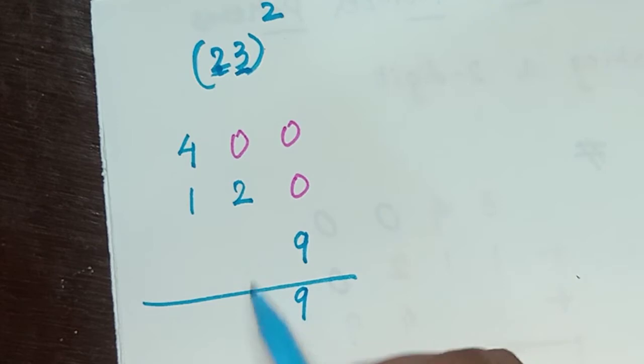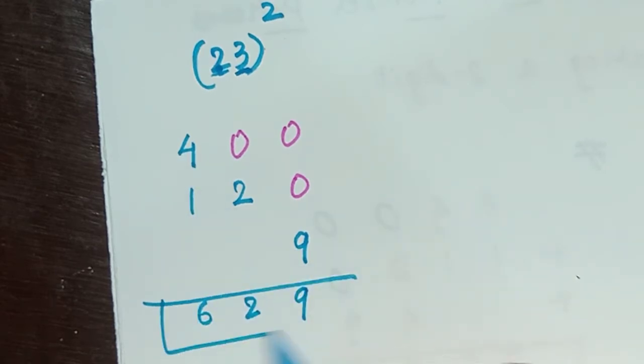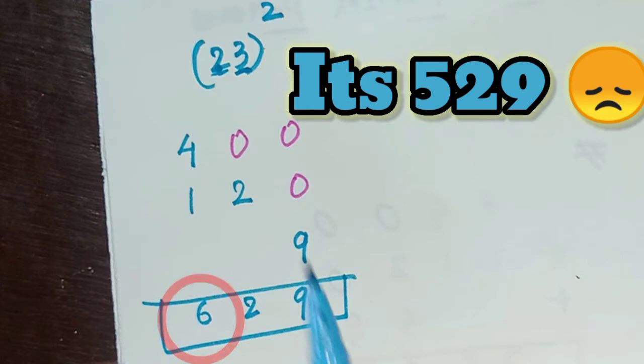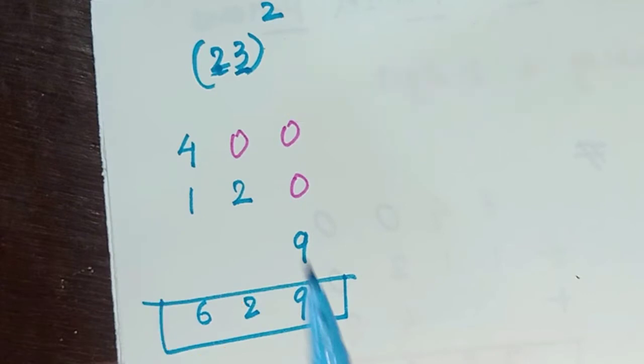Finally add all of them, so 9, 2 and 6: 529. Let us do it first and then we will check all the values. Okay, this was a small one.